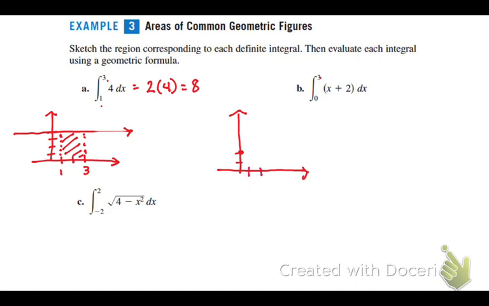If I plug in 3, I get what? 5. So here to here. And my line goes through it, from 0 to 3.